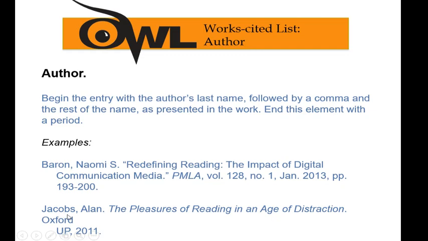As you can appreciate, in the MLA style, you have to write the last name of the author and also the first name completely. Remember that in the APA style, you only write the author's last name and the first letter of the name of the author. So that's another difference between the APA and the MLA style.